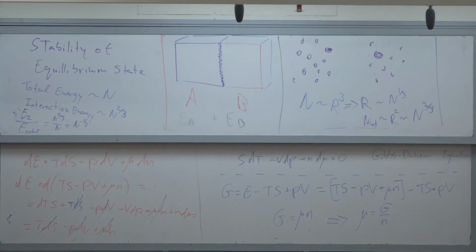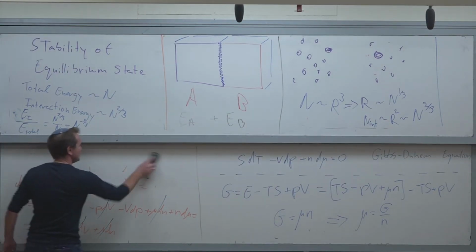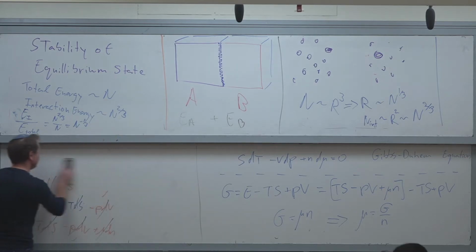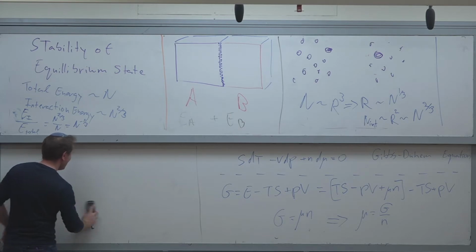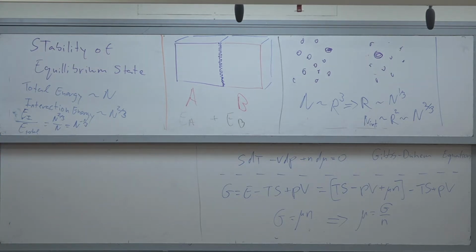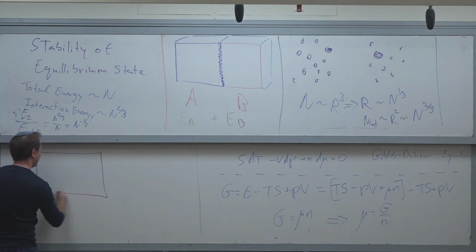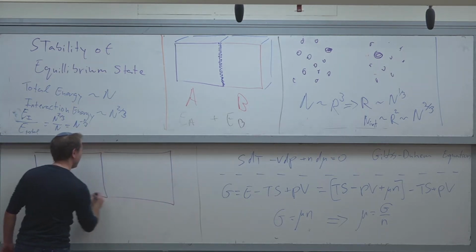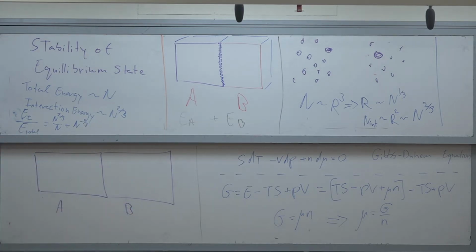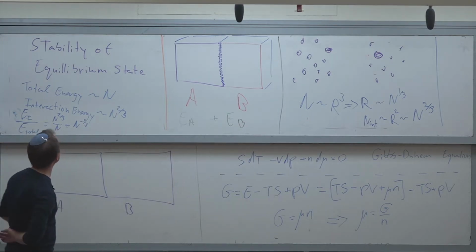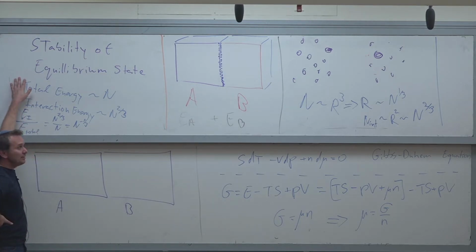Okay, so we have our two systems over here. System A and system B. And I want to obtain some criteria of stability.